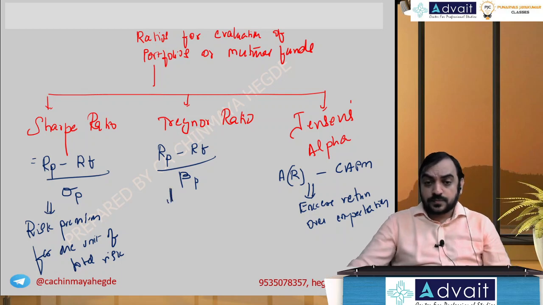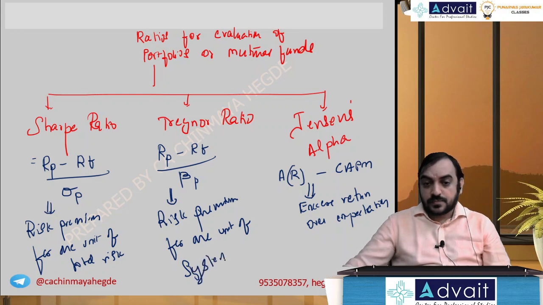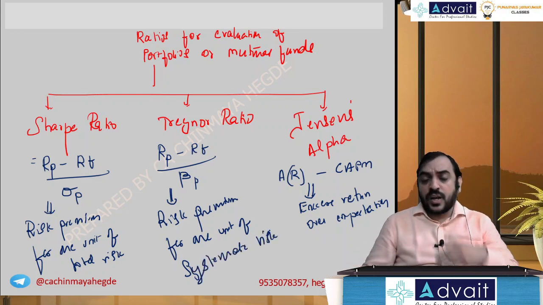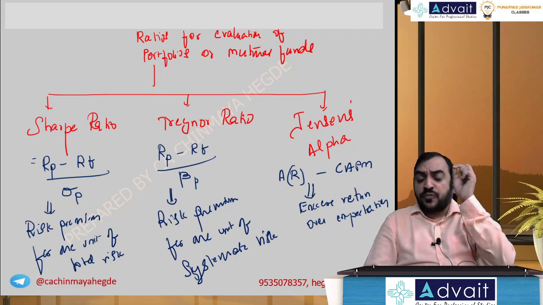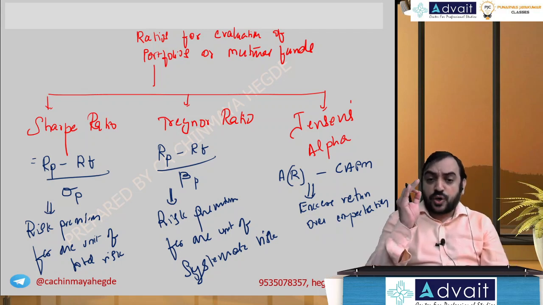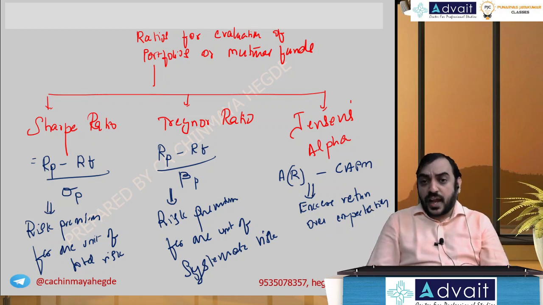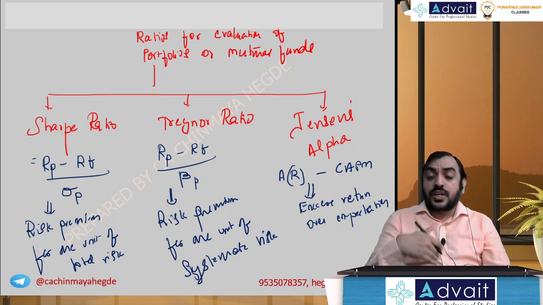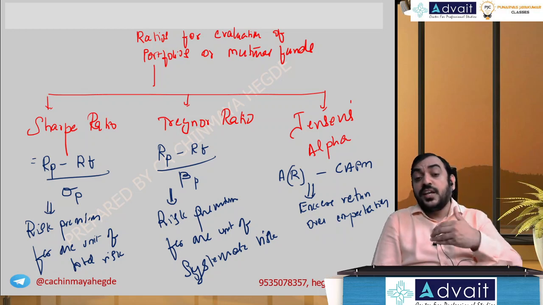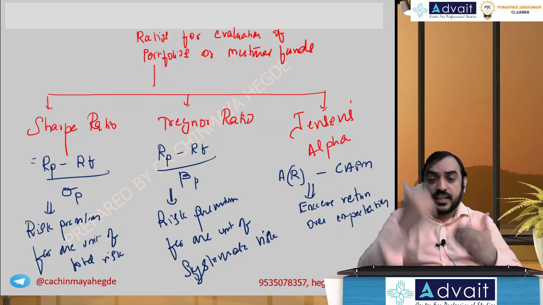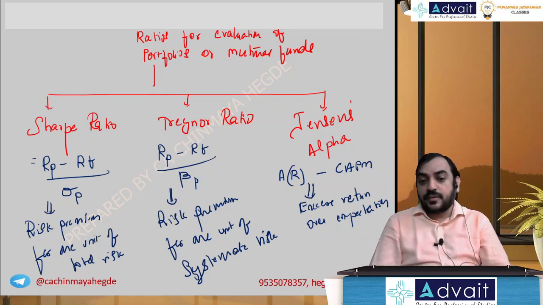So it is risk premium for 1 unit of systematic risk. One uses risk premium for 1 unit of total risk, the other for 1 unit of systematic risk. And for all the ratios, higher is better. If they ask you to rank, separate ratios separately, whichever mutual fund has the highest ratio will get the first rank.